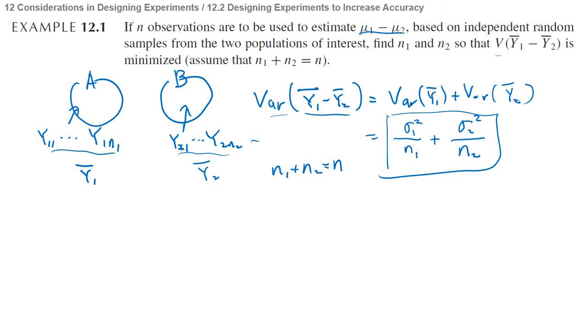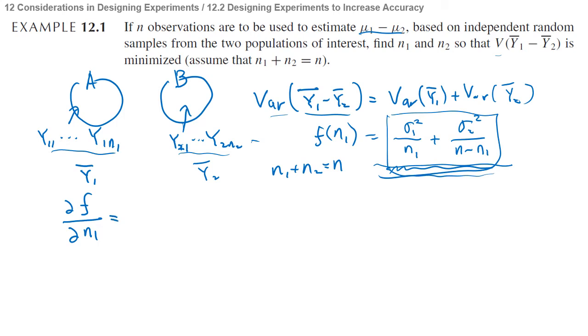So we can write n2 as n minus n1. We want to minimize this, and it is a function of n1, so f of n1. We want to minimize with respect to n1, so we will differentiate with respect to n1.